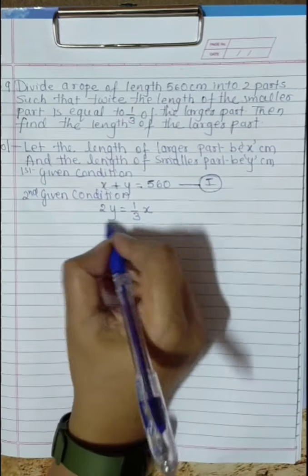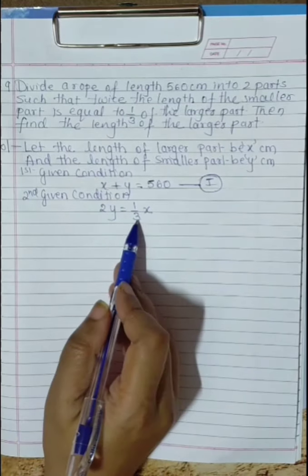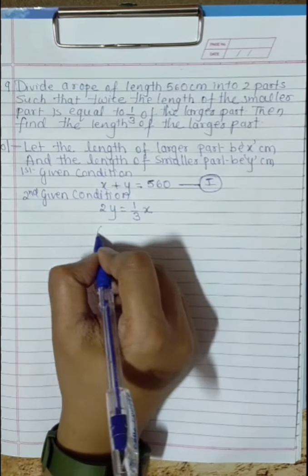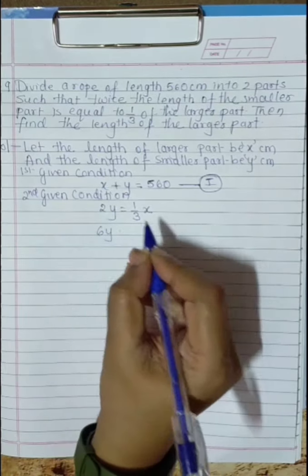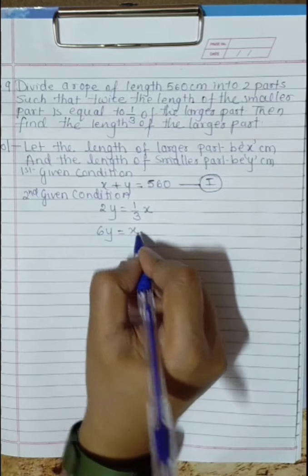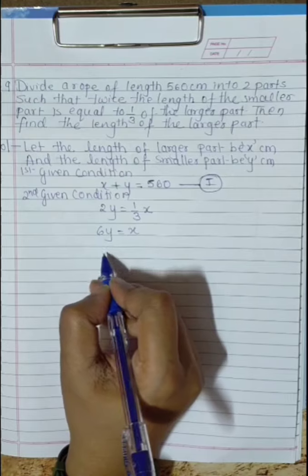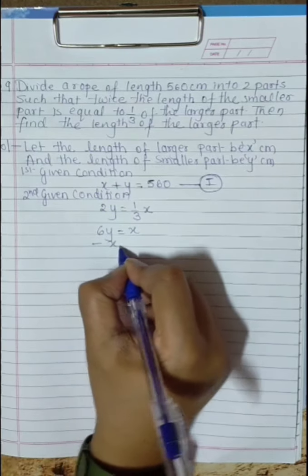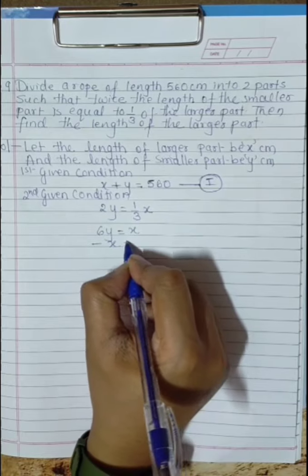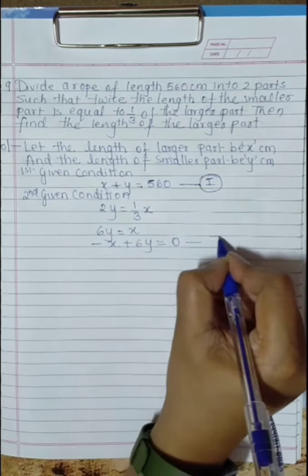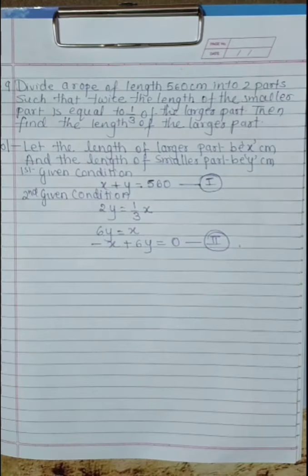Now here, when we multiply by 3, 6y, cross multiply, is equal to x. Now here, minus x plus 6y equal to 0. This is our second equation.